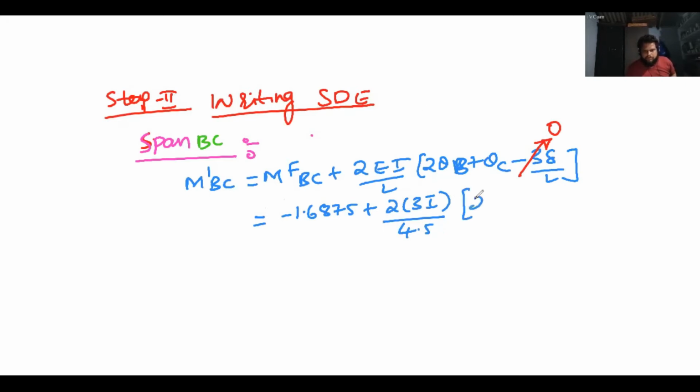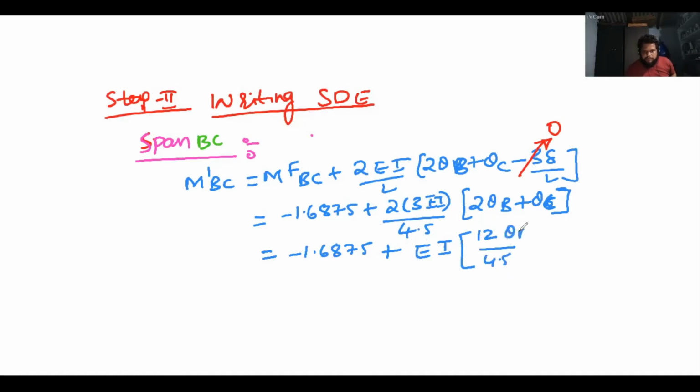Now into 2 theta B plus theta C. If you rewrite this equation, minus 1.6875 plus, so this is EI. If you take EI common, let me write like this. Finally, we can solve it. So 12 by 2, 3s are 6, 6 2s are 12. 12 by 4.5. So 12 theta B by 4.5. 2 3s are 6. This is 6 theta B by 4.5.